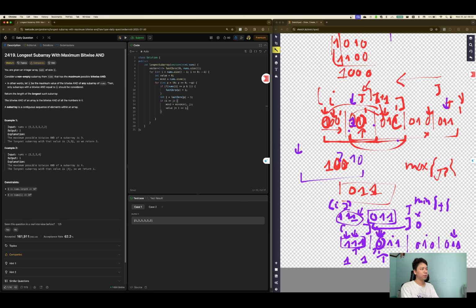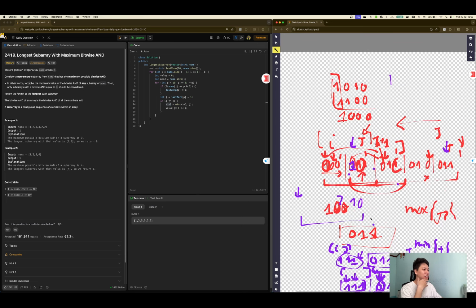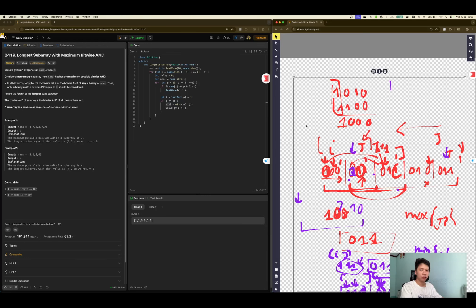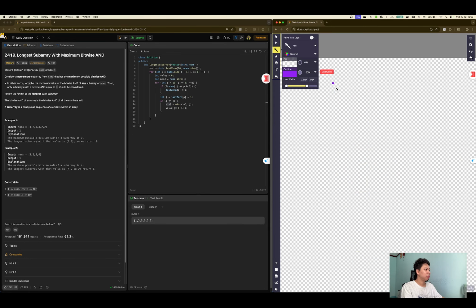Step 3. Supplementary doesn't mean anything. Just let me think a little bit. Trace doesn't mean anything. Sure.